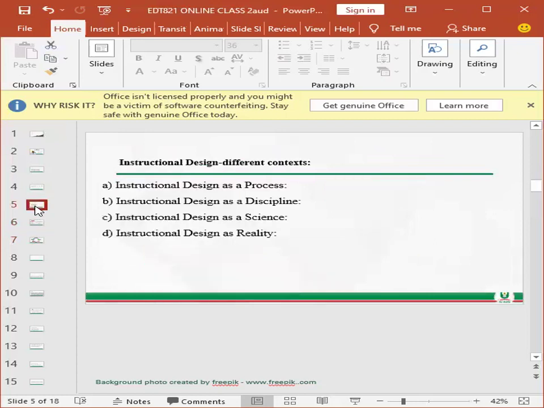Instructional design in different contexts. One, we have instructional design as a process.